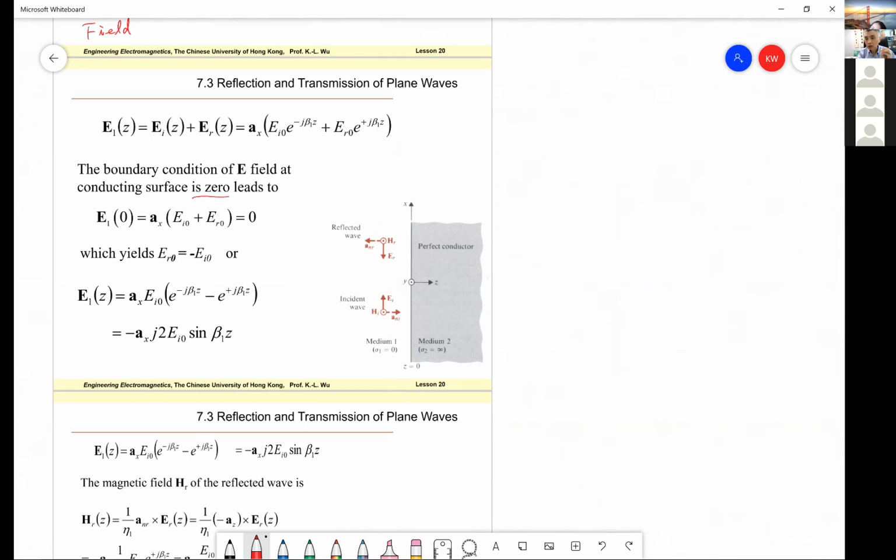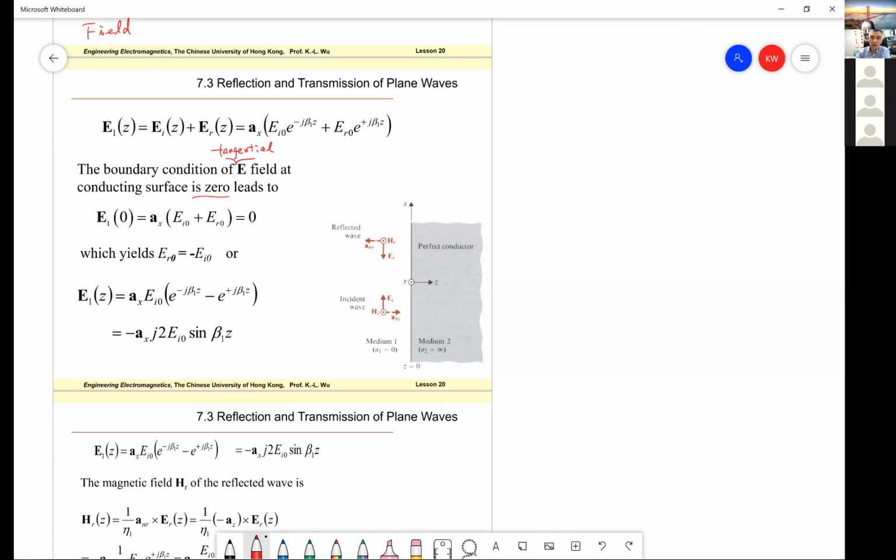The boundary condition of the electrical field on the surface, we should say tangential, is that the tangential electrical field at a conducting surface is 0, right? What do we mean by tangential component? Because our total field only exists polarized in the x direction, the polarization direction is the tangential direction of the boundary, x, right?